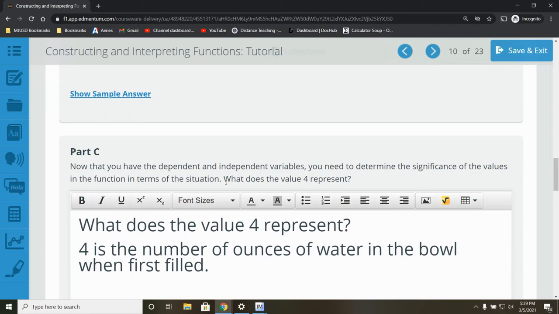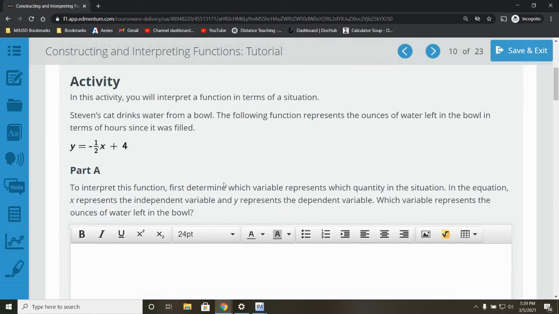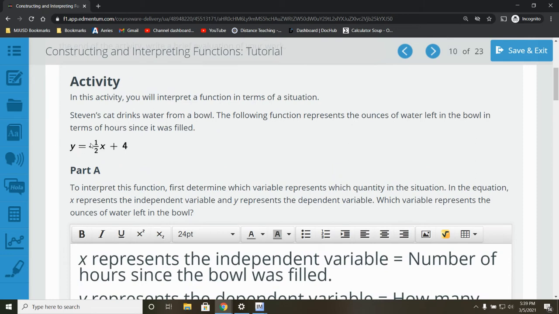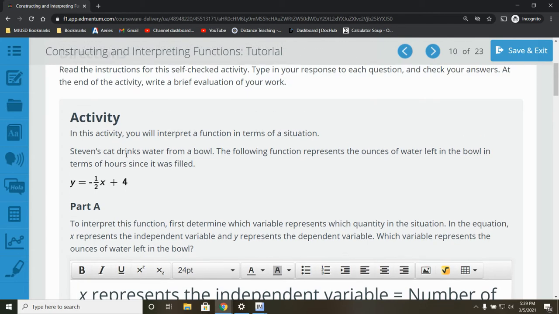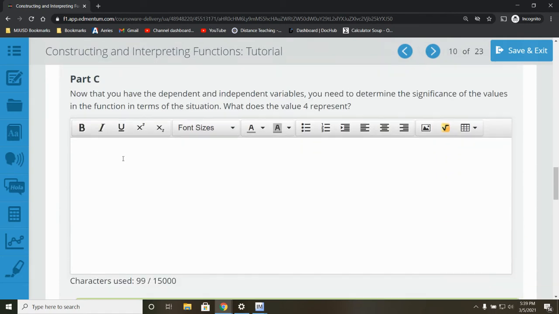That means I can look at an equation like this, or a function like y equals half times x, or negative half times x plus 4, and not have a clue what that's talking about. So we have to be able to plug in the parts so we know based on the situation what it's covering. It's one of the hardest parts about math.